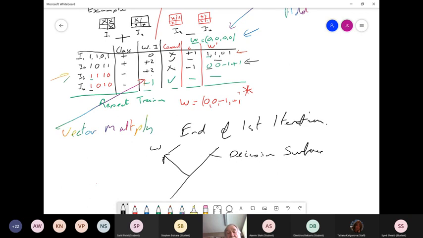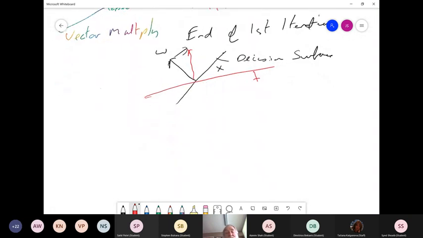If I move W in that direction, then if I have a pattern here, which is the negative class, if I change the weight vector to that position, the decision surface will move, and for this original position, I'm getting 1 decision. For the updated version, I'm getting another decision, and errors could be introduced. So we have to go back over the training set.